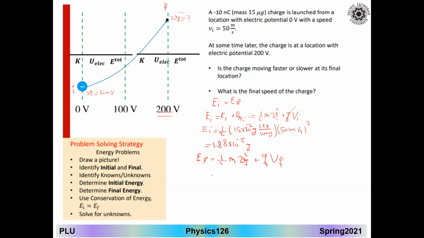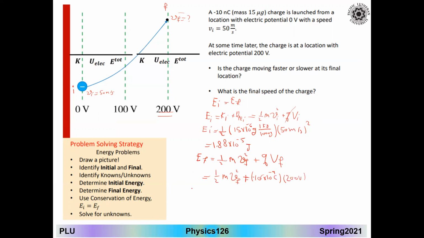So I can type it here: a half M V final squared plus Q, which is minus, don't forget the minus here, nano coulomb, 10 to the minus 9 coulomb, times 200 volt.